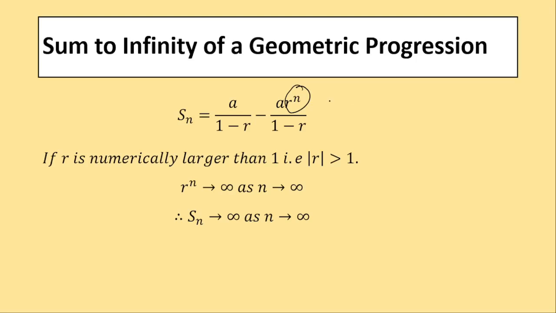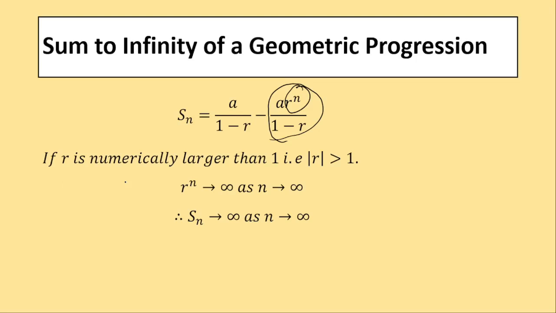So what happens is that this whole algebraic fraction is becoming larger and larger to such an extent that even if we take away a over 1 minus r from this large value, a sub n will still tend towards infinity as n tends towards infinity.